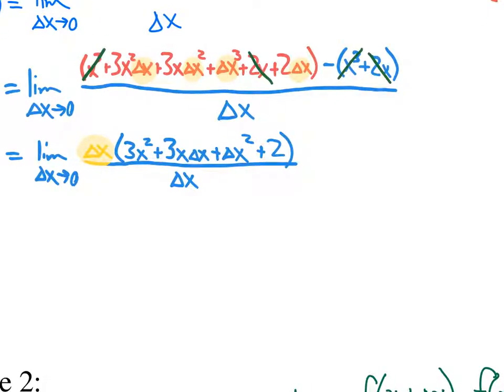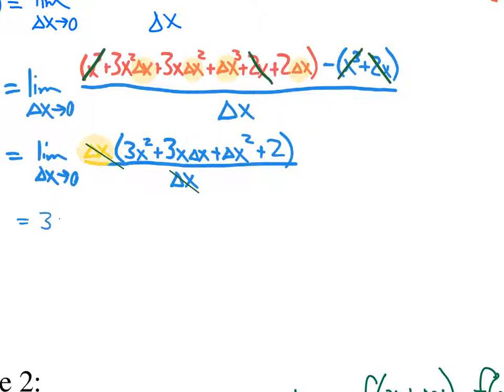Okay? Now remember, the whole point of doing that is because there was a hole at delta x equals 0. So now I can cancel, let me get back to a pen. Now I can cancel the delta x with the delta x, and I have something that I can now evaluate for when delta x equals 0.